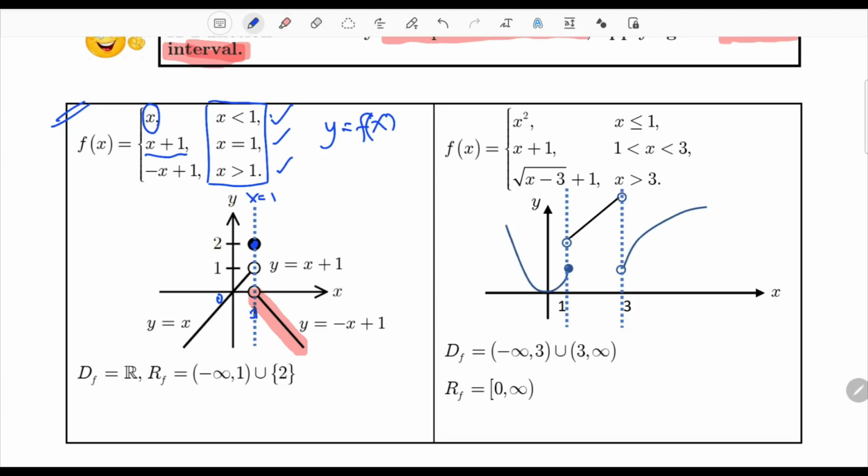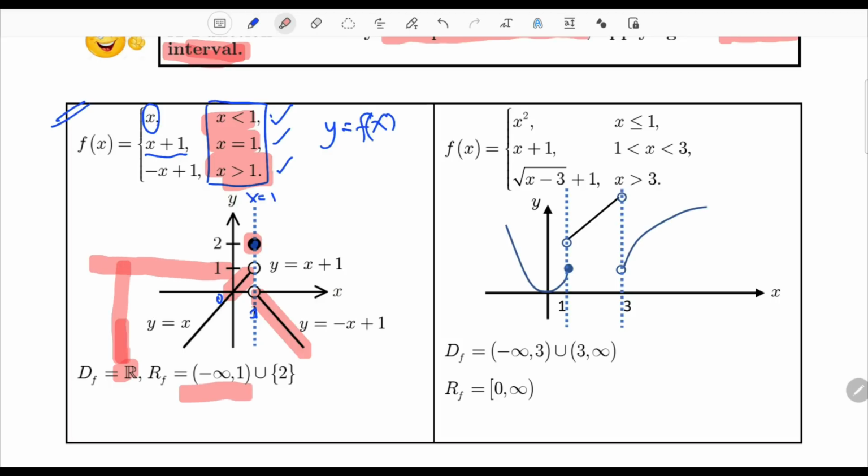So the domain is definitely referring to this. It covers everything, so that will be real numbers. As for the range, you have to look at it piece by piece. Starting from below, negative infinity, it covers here. If you look at the right side, greater than 1, it covers from here up to here, but then it stops. So that's why we have from negative infinity up to 1 here.